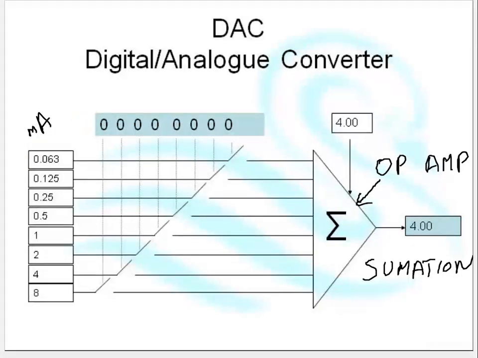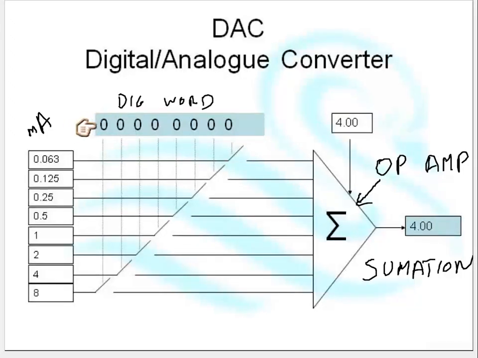Just here, I've got a digital word, a digital value. What I'm going to do is use my DAC, my digital to analog converter, to change this digital word into a 4 to 20 milliamp value.